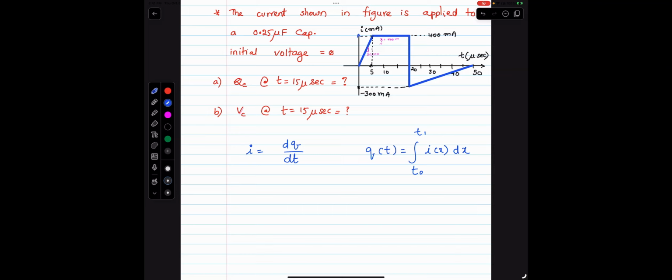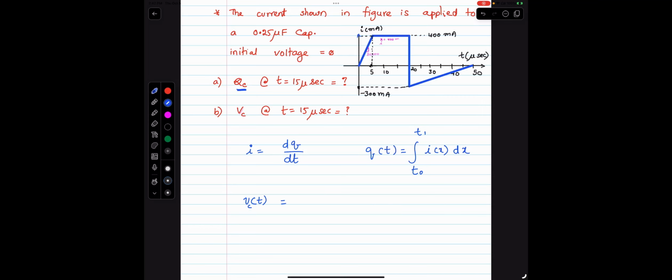The idea is that if you integrate the current with respect to time, that will give you your charge. So in order to find the charge, we want to do the integral. Similarly, in order to find the voltage, think about it, the voltage V of t across the capacitance.